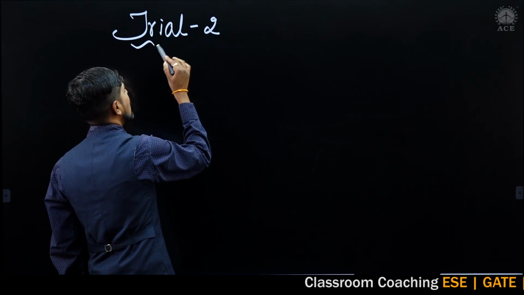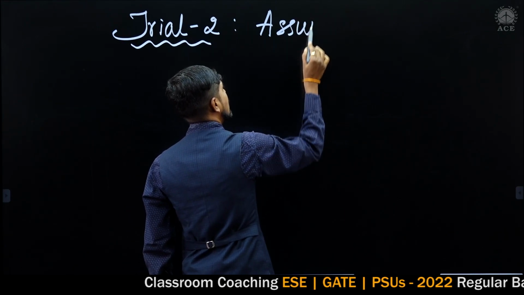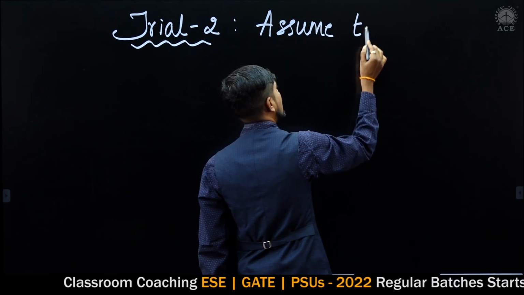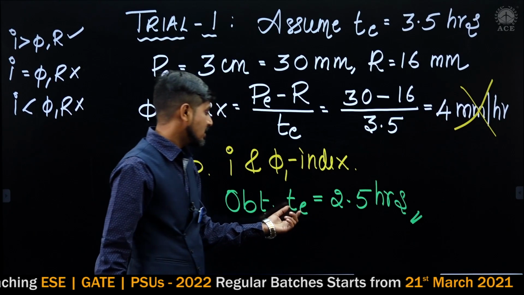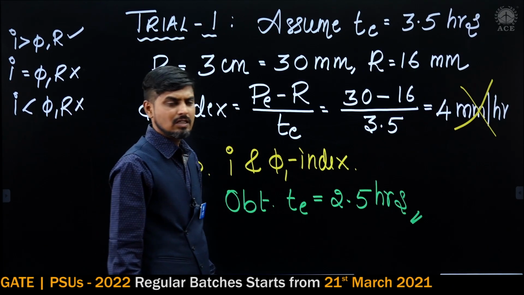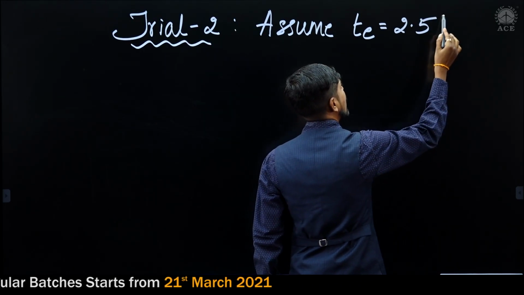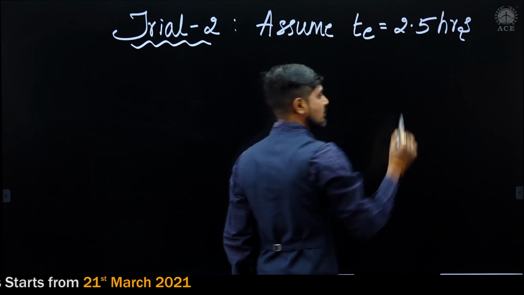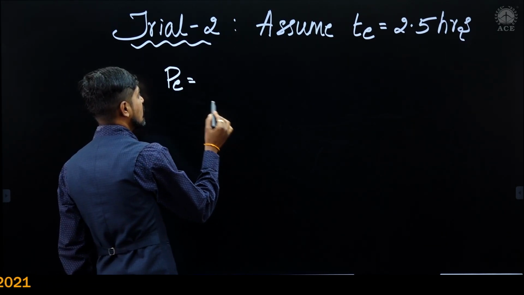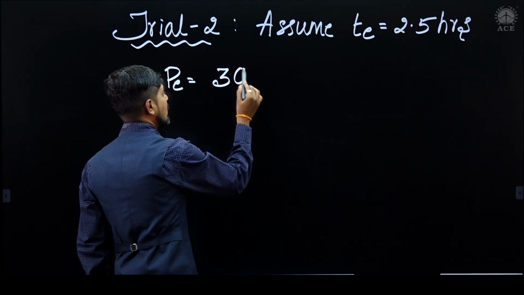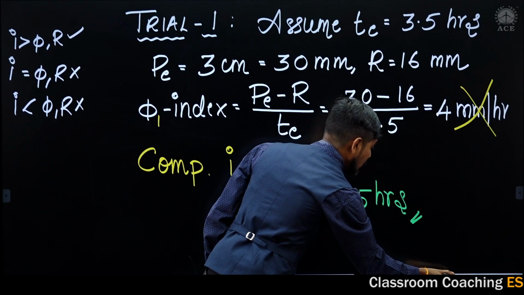In trial 2, again I will have to assume TE. Whatever your previous obtained TE is, that I will directly assume as the next TE, 2.5 hours. So PE will be equal to total 30 minus, so you have removed 2 intensities, right?